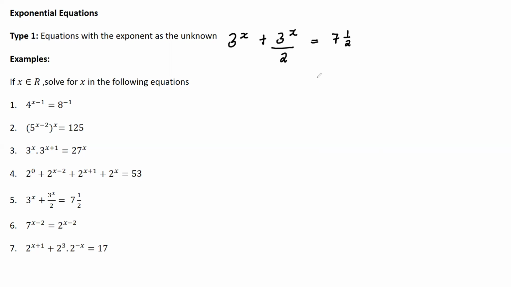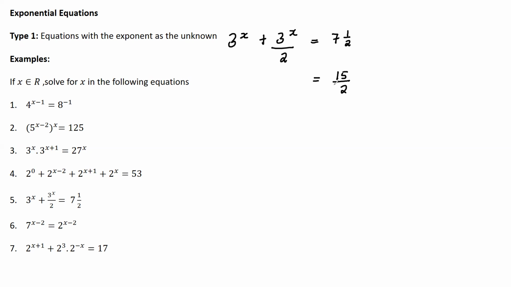Now, if you notice something, 7.5 actually is 15 over 2. It's like a mixed fraction. So it's like 7 times 2, which is 14, plus 1. That's 15 over 2.